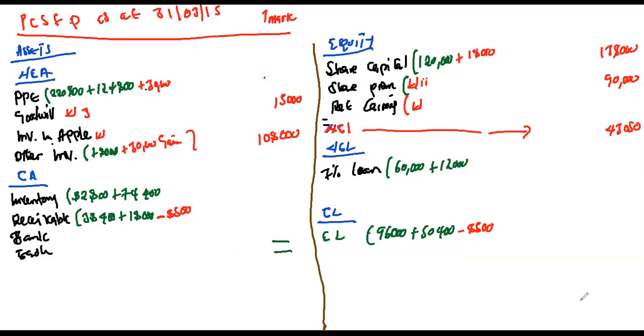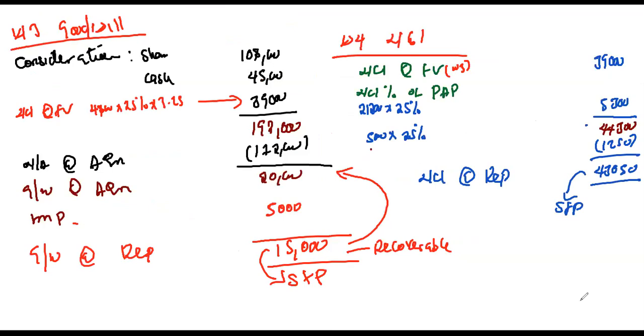Anything else that we need to work out? Yes, we need to work out now our group retained earnings. Group retained earnings is working number 5. Here we have a few things.